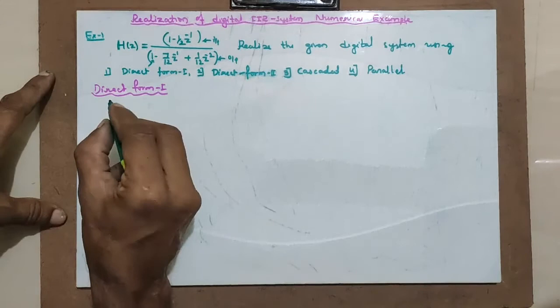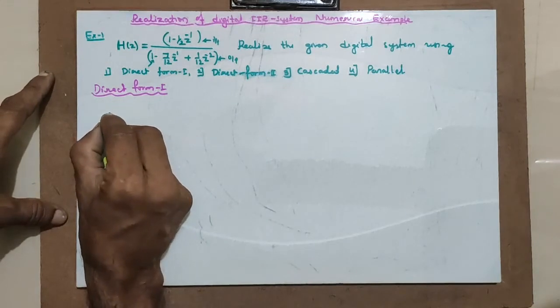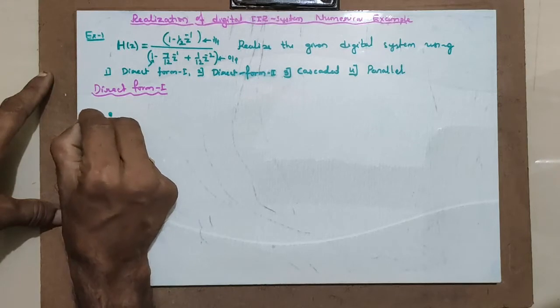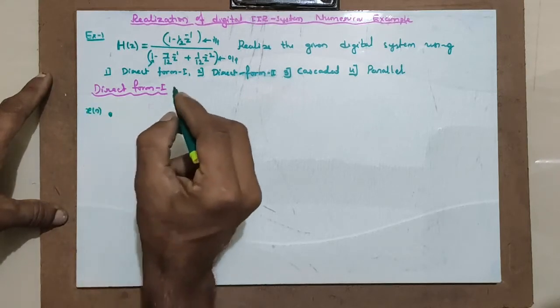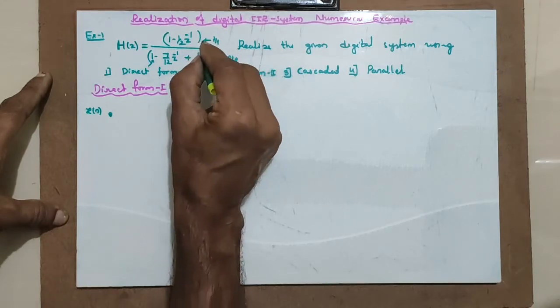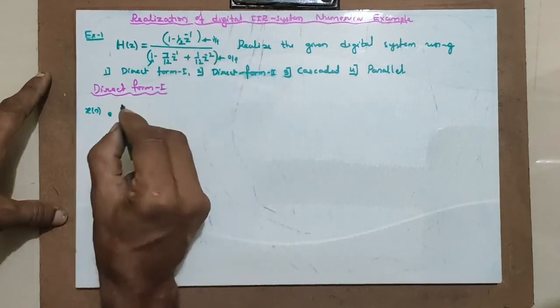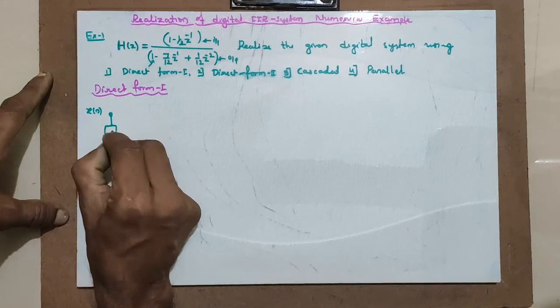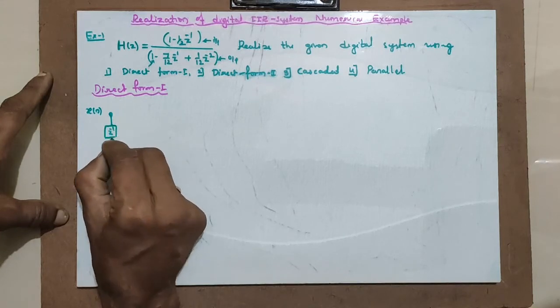Very simple. Take an input node and represent it as x(n). See how many delay elements are there. There is only one delay element at this numerator side, or input side. Just have one delay element, z^-1.